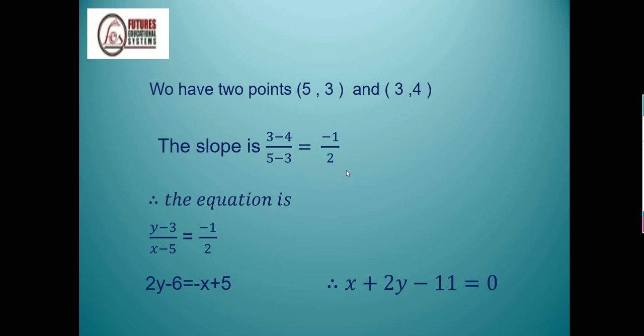We get the slope equals -1/2. To get the equation, choose any point lying on this straight line: y minus y1 over x minus x1 equals the slope. Cross multiplication. Therefore, we get the equation of the yellow straight line x plus 2y minus 11 equals 0.